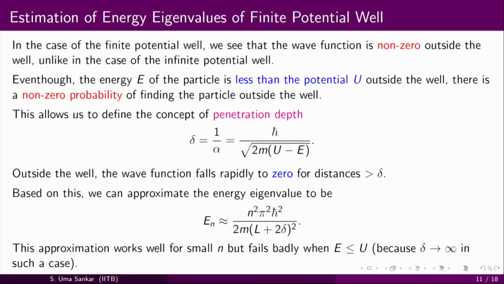If you work it out, you will find that this approximation works very well for n equal to 1 or 2, but at larger values of n, the energy E becomes higher and higher, and when E becomes very close to U, from the definition of delta you see that delta tends to diverge in that case, and this approximation then does not work.